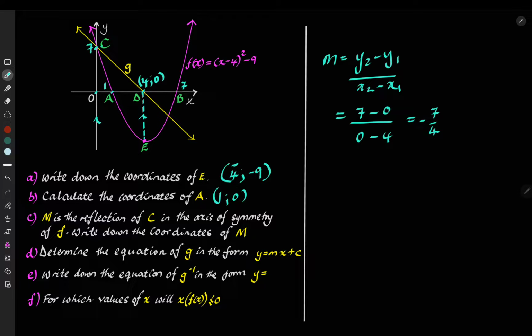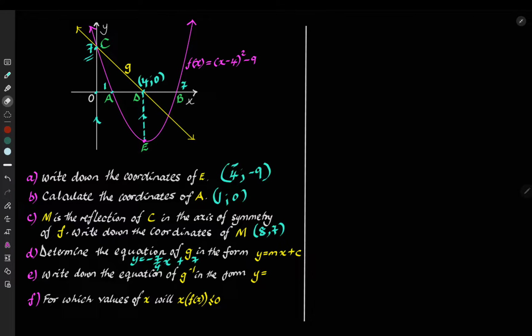So once you have got the gradient, then you can just say the equation of a straight line is y is equal to mx plus c. And we know our m and we also know our c already. There's no need to calculate because it's the y-intercept. So then y is equal to negative 7 over 4x, then plus 7. So that will be the equation of line g in the form y is equal to mx plus c.